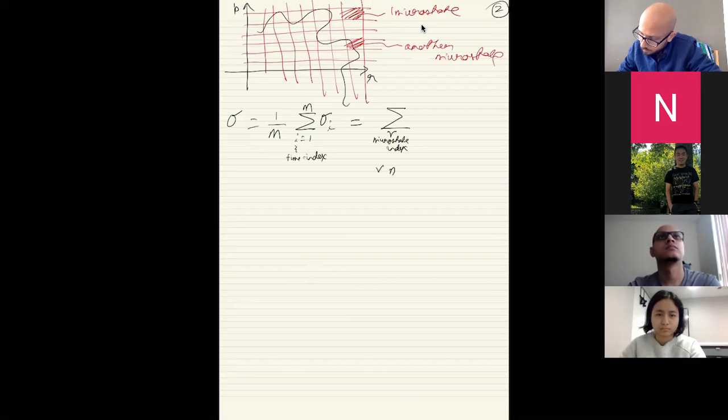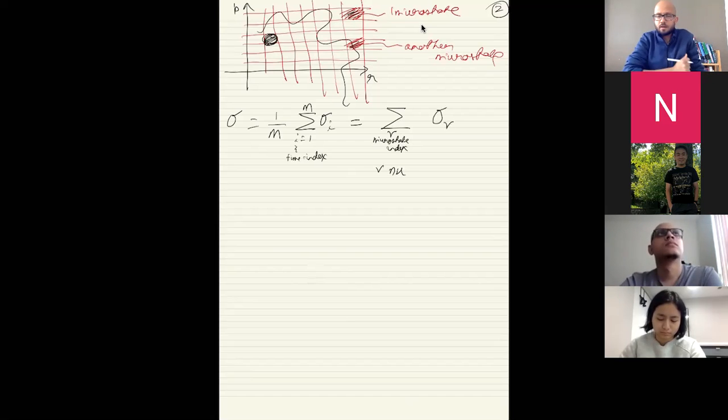So instead of observing it many times, we go and think about any such microstate. This is one particular value of nu, this is another value of nu, this is another value of nu. You go to that microstate and calculate the value of that observable in that microstate. So notice now, instead of O i, I have denoted it by O nu.